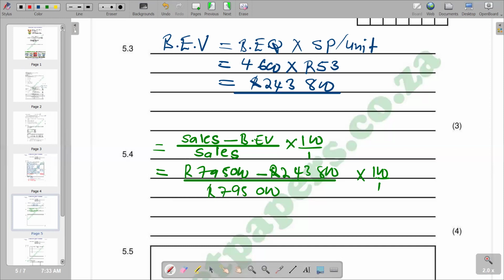We see that you are going to get your answer as 69.333%. So rounding it off to our nearest whole number, it becomes 69%. So basically, this becomes your final answer. So that's what we have on 5.4.